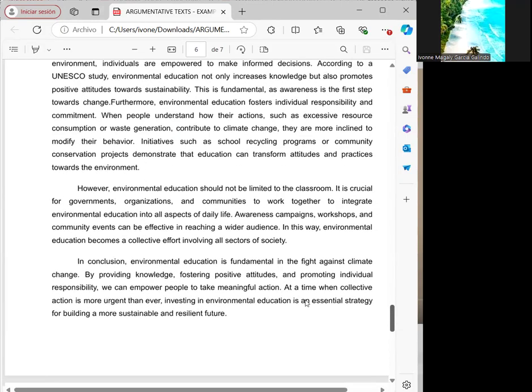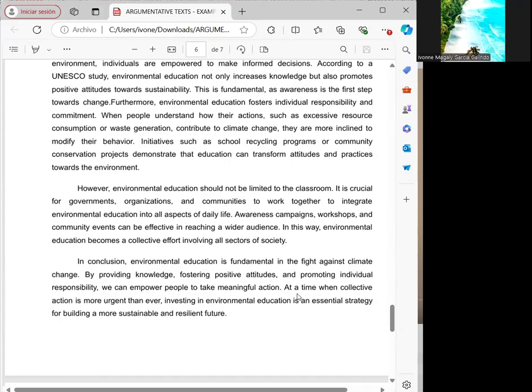In conclusion, environmental education is fundamental in the fight against climate change. By providing knowledge, fostering positive attitudes, and promoting individuals' responsibilities, we can empower people to take meaningful action at a time when collective action is more urgent than ever.